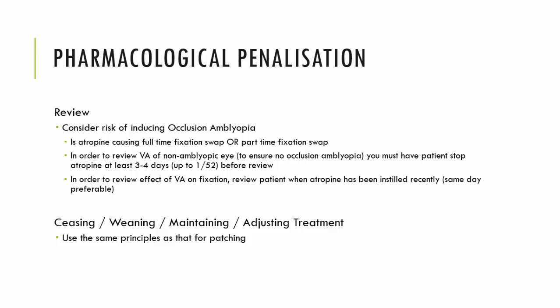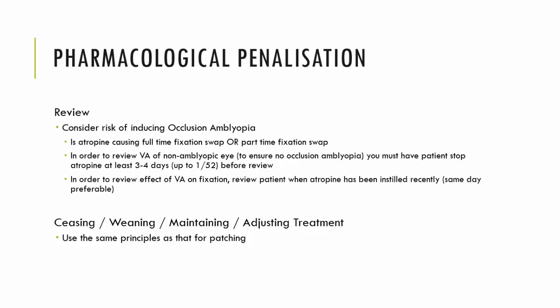The other way you can do it is that you prescribe the atropine, see them soon, like in 3 weeks, 4 weeks, and see them with the atropine in the eye. Preferably they've instilled it that morning, and see whether there is a swap in fixation, whether it's occurring at near and far, to then guide you as to how much to prescribe thereafter.